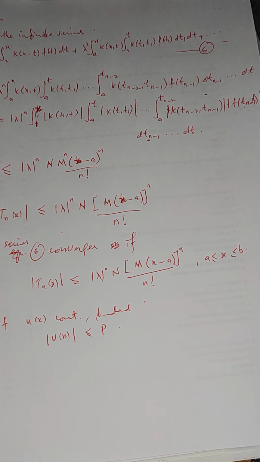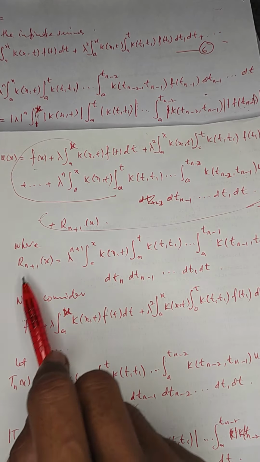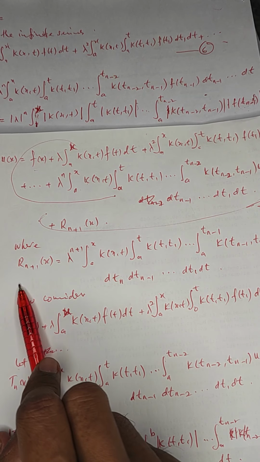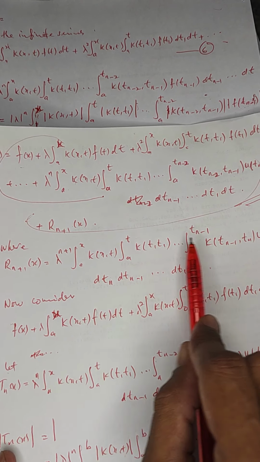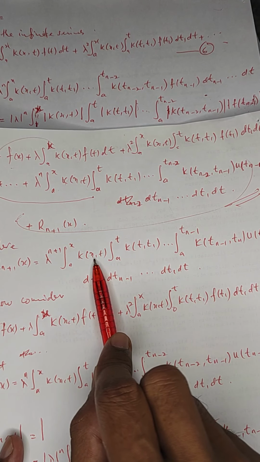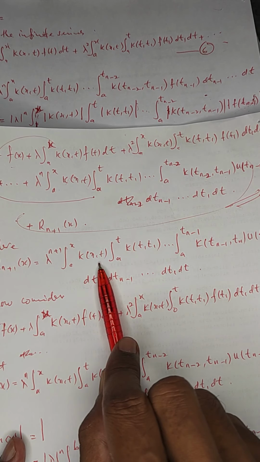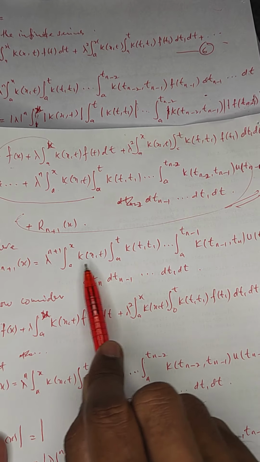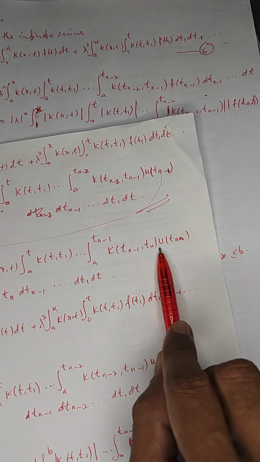then from Rn, we take the absolute value of this, and we have lambda^(n+1), we have K, so this is m, that gives you m (b minus a)^(n+1) over (n+1) factorial, and we have the term p because of u here.